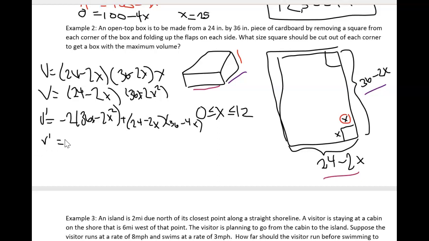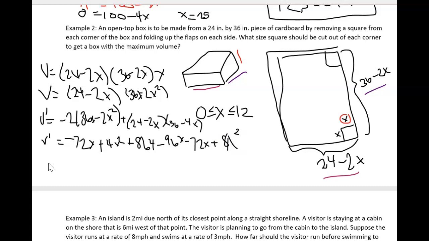So we've got negative 72x, positive 4x squared. Full distributive property here. We've got 24 times 36, which is 864, minus 96x, minus 72x, plus 2 times 4, which is 8x squared.